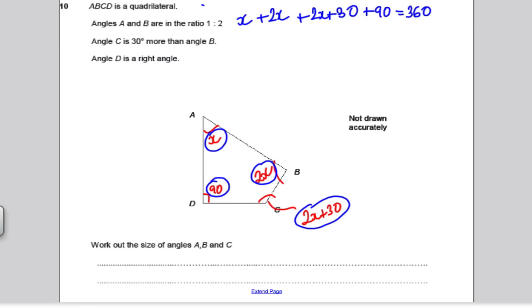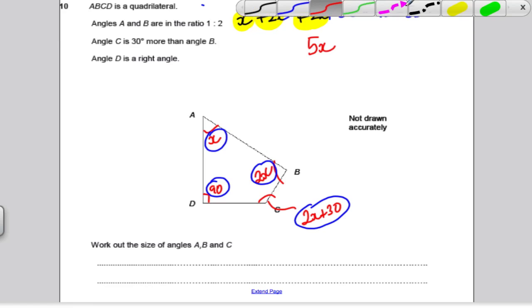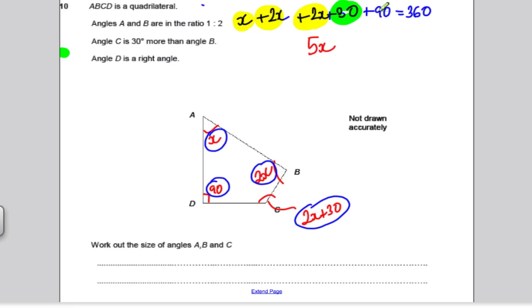Now collect all like terms. We've got ourselves an x plus a 2x plus another 2x. So in total we have 5 x's. And in the numbers side of things we have 30 add 90, which is 120. So plus 120 must equal 360. A simple two-step linear equation that we should be able to solve.